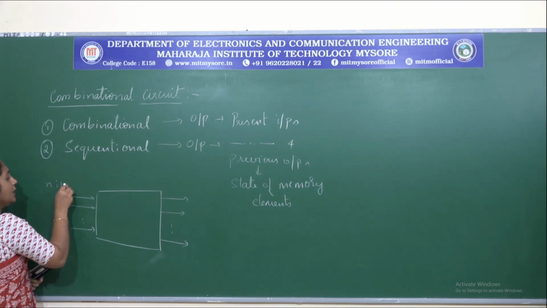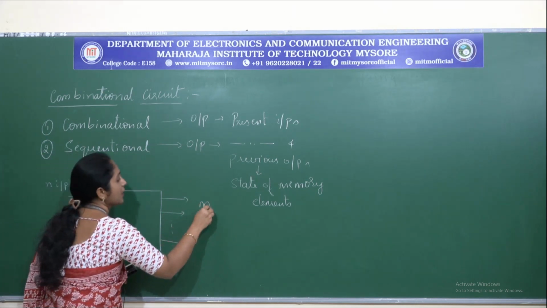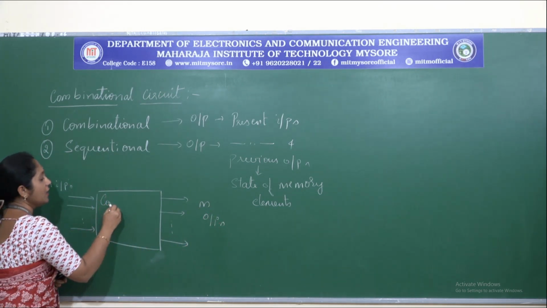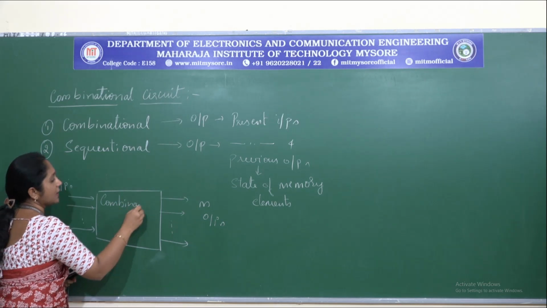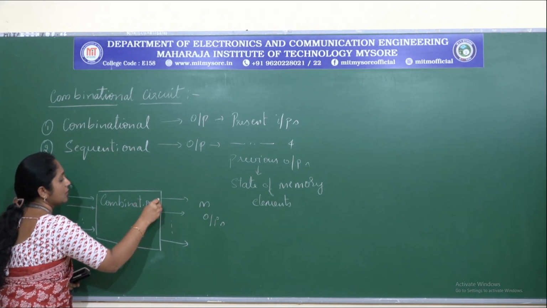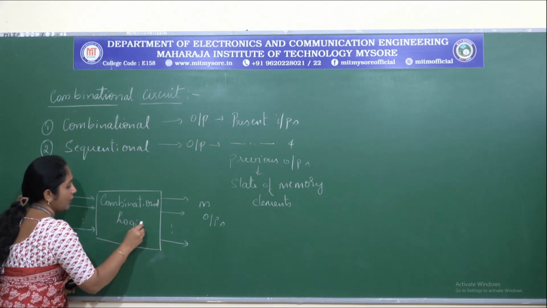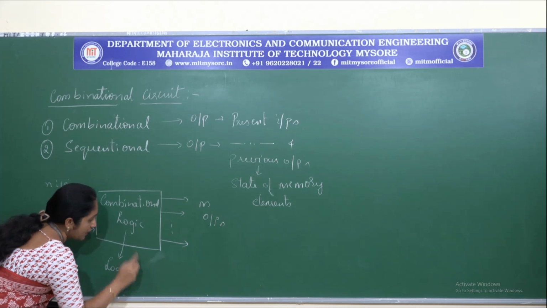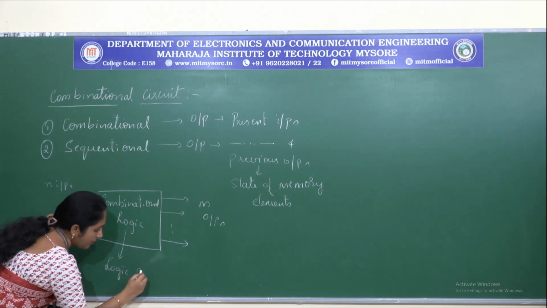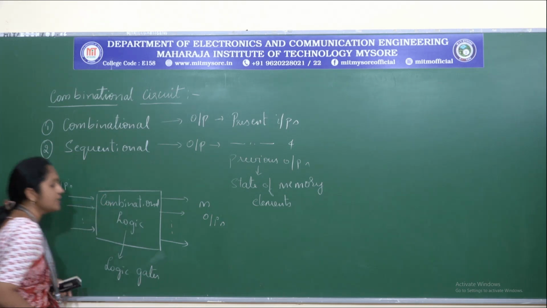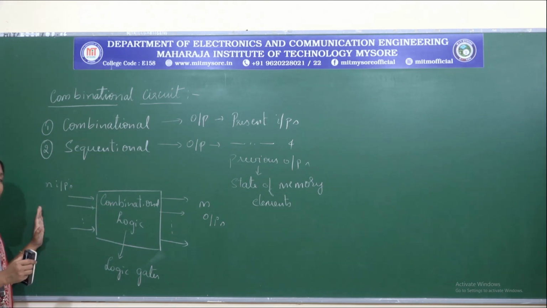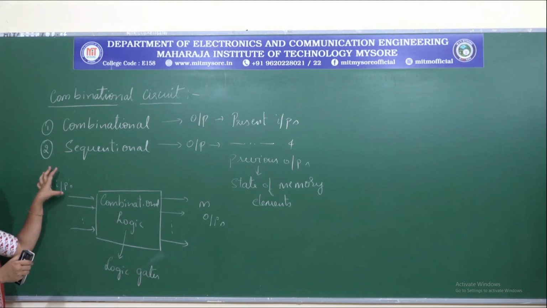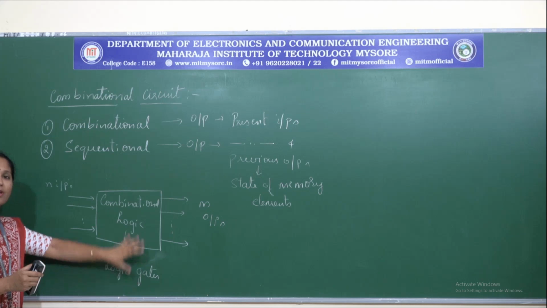We will have n inputs, and let us consider there are m outputs, and in between we will have combinational logic, which will consist of logic gates. So this logic will be made up of some logic gates. We are going to apply n inputs to the logic gates which are present inside this.